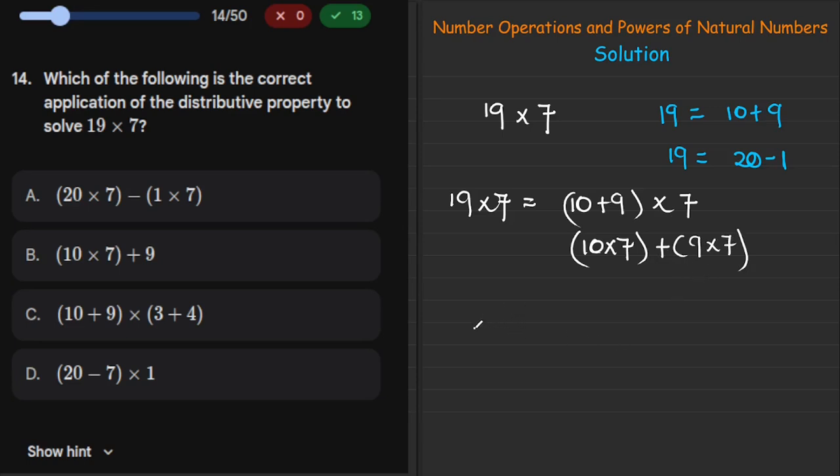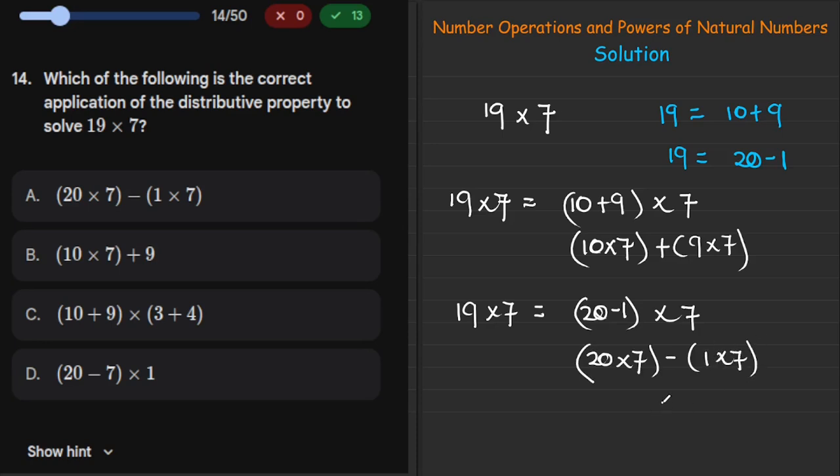But if you actually want to write our 19 times 7 as 20 minus 1, then times your 7, 20 multiplies 7, and then minus 1 multiplies 7. So you have 20 times 7 in one bracket, then minus 1 times 7.